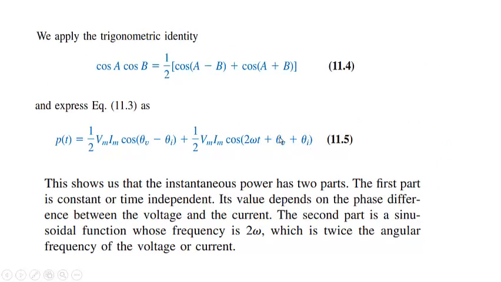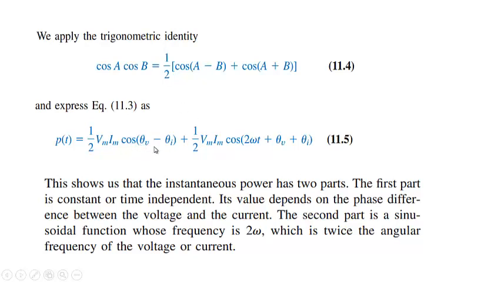So you can see we have two parts for this instantaneous power. One is independent of time. There you do not see any time variable, so it does not depend on time, and the other one is dependent upon time. The independent value depends upon the difference of the phase angle between voltage and current.